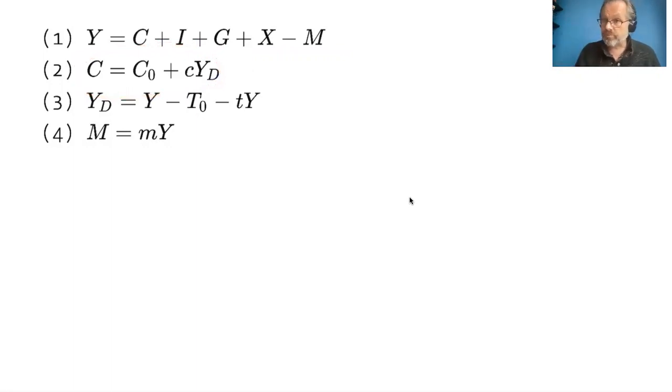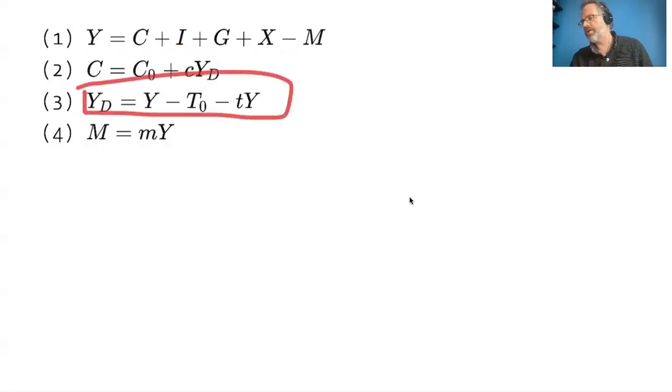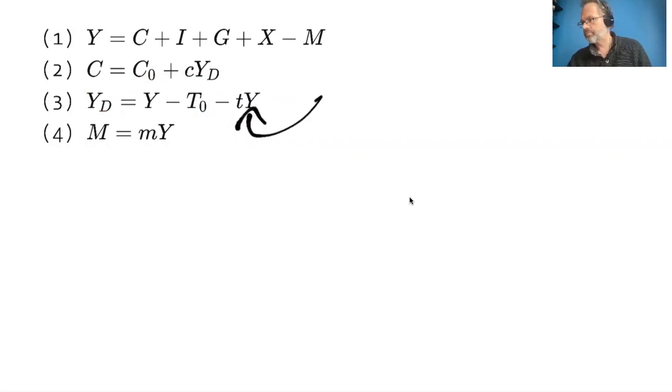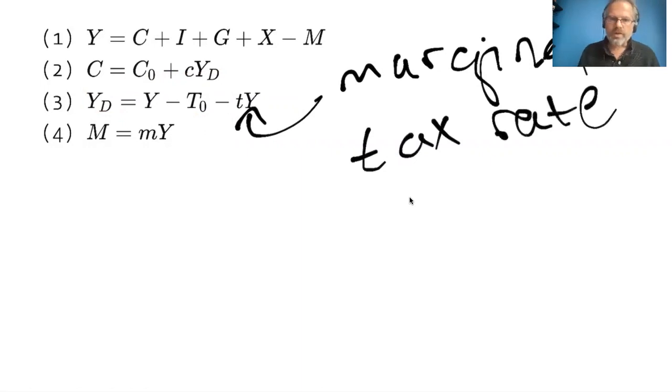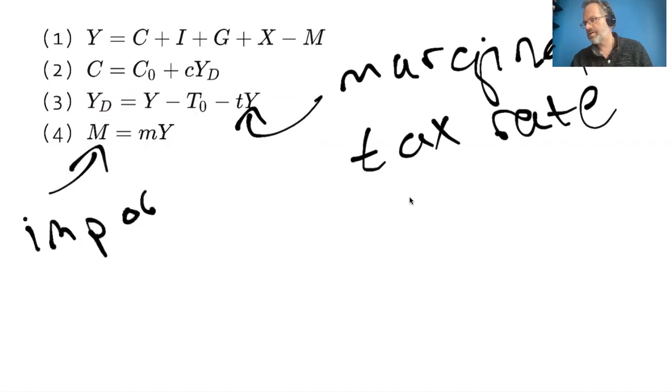As we said, income that's taxed is not available to be spent. And disposable income we're defining as income net of taxes, including both these lump sum taxes that aren't related to income and then a marginal tax rate, T. Then we've also got M here, by the way, this is imports, not money stock.